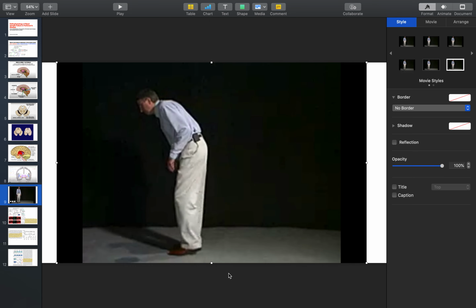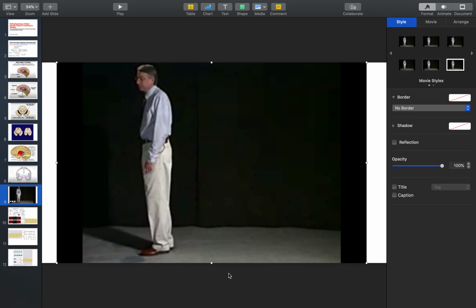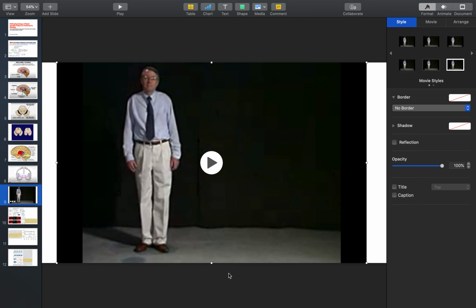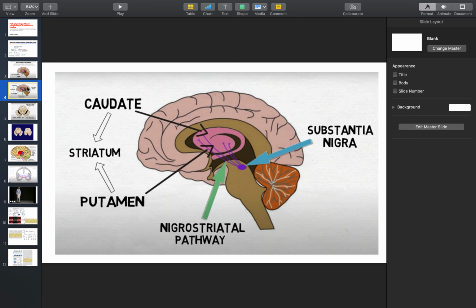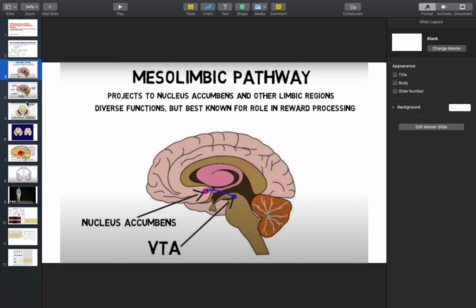That's why you can't just give someone with Parkinson's disease amphetamines, because they cause release of dopamine, not in the nigrostriatal pathway, right? But the mesolimbic pathway, right? Reward processing for diverse functions.